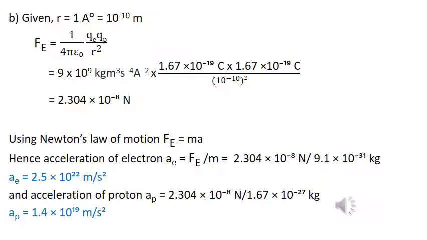By putting values, we get the numerical value of acceleration of electron, which is equal to 2.5 into 10 to the power 22 meter per second squared. And by using the same formula, we get the acceleration of proton, which is equal to 1.4 into 10 to the power 19 meter per second squared. From here we can see that the acceleration of electron is greater than the acceleration of proton.